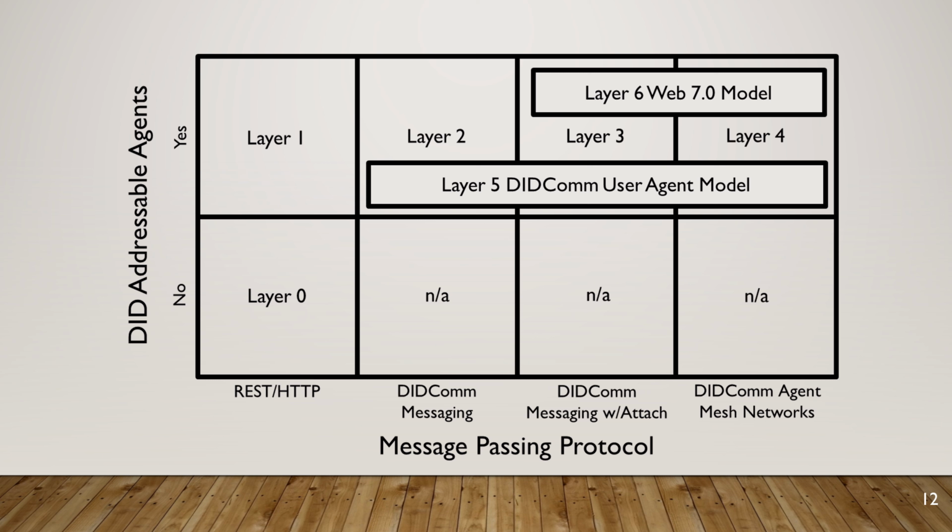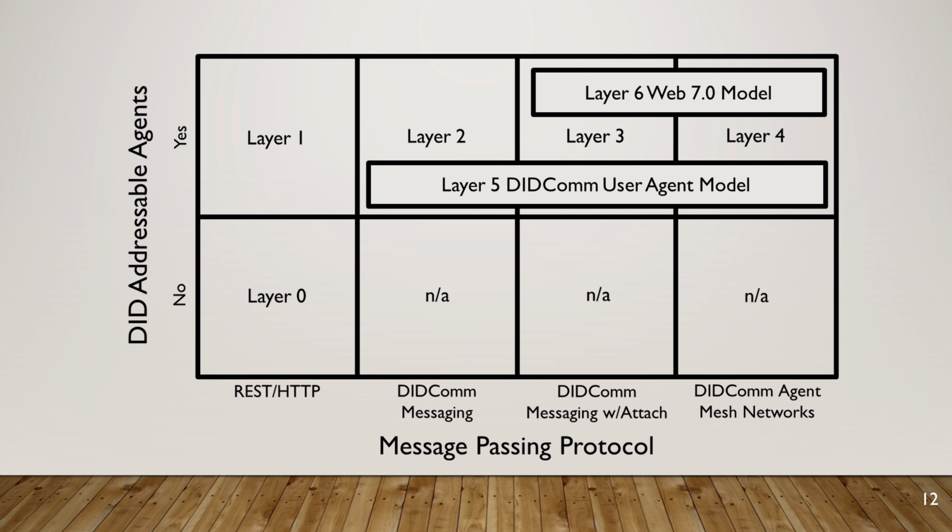So layer 1 to layer 2 is just about what we call inbound and outbound processing. In the outbound processing, we do authenticated encryption. On the inbound processing, when we receive one of these DIDComm messages, we do decryption and authentication.